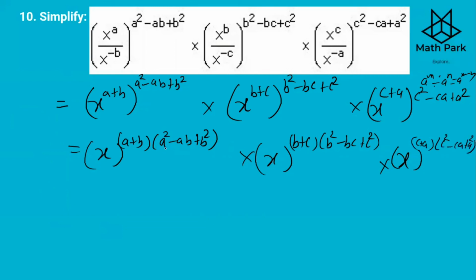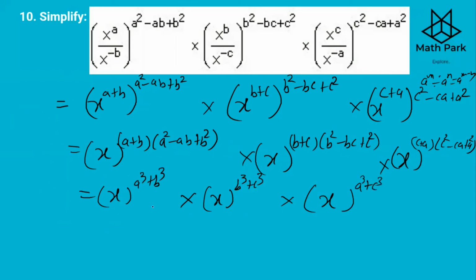Okay. Now this is the expansion of a cube plus b cube, right? So we get x raised to a cube plus b cube into x raised to, again we get here b cube plus c cube. This is the expansion of b cube plus c cube, into x raised to, we get here a cube plus c cube.